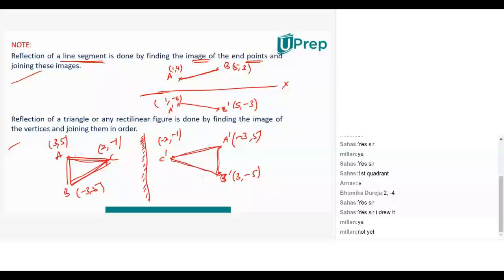Yes. Now I'm done. Good. Sahas completed.